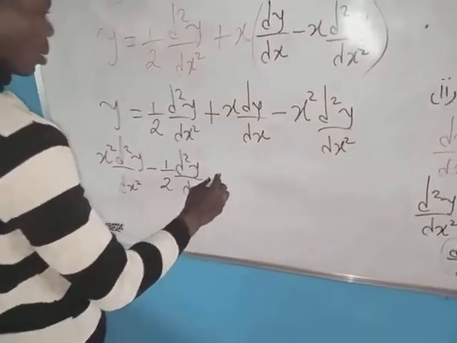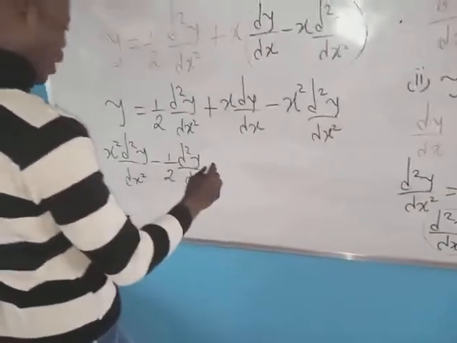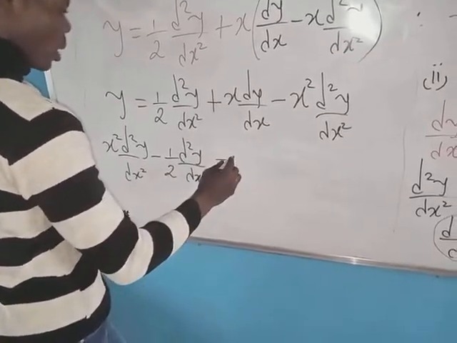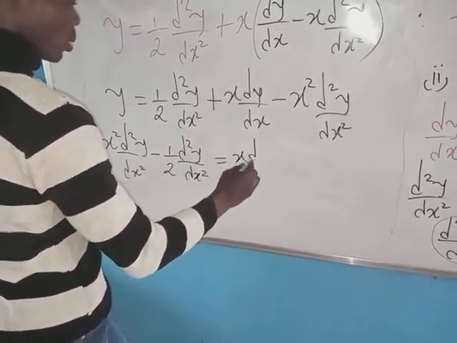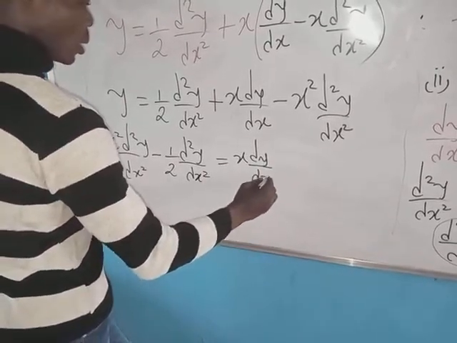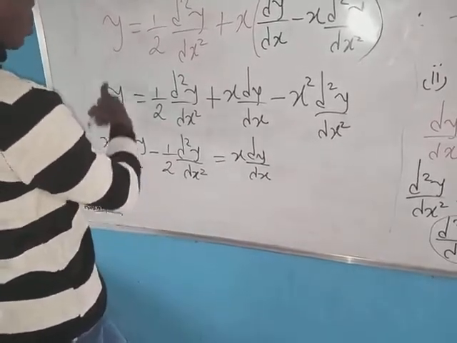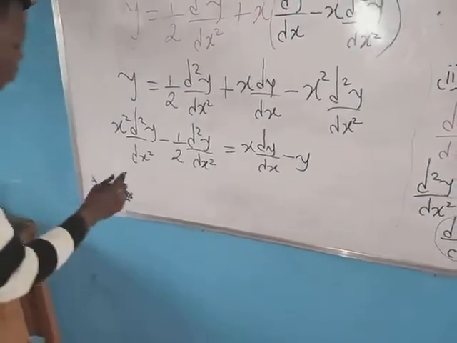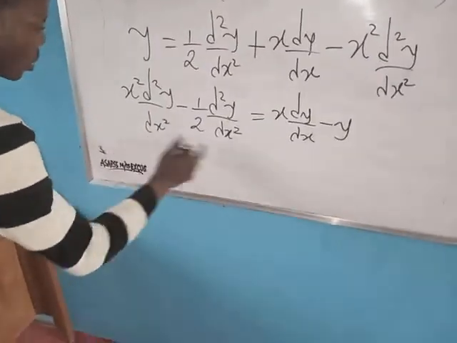minus, or let's take this to this side. We are going to have x dy by dx. So when this comes here, minus y, and I will have a factorize.